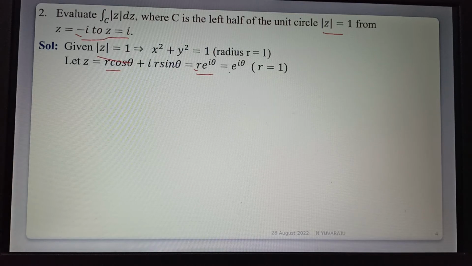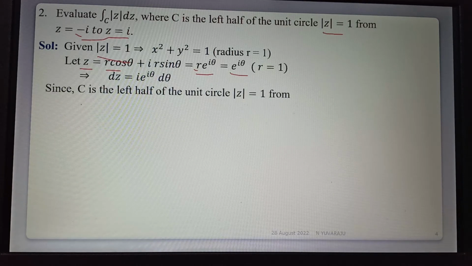So z is equal to e power i theta is the polar point. So dz, by differentiation, is i into e power i theta into d theta.